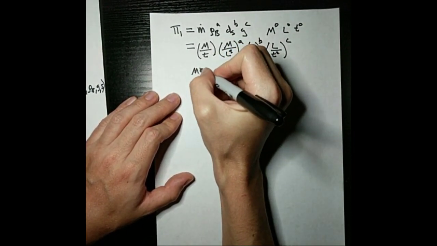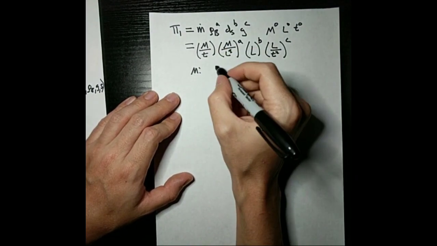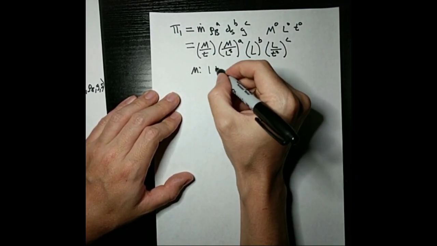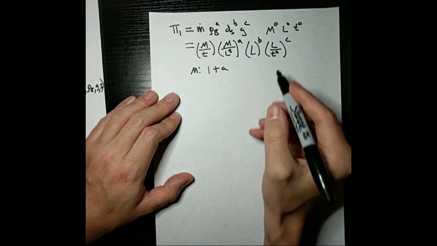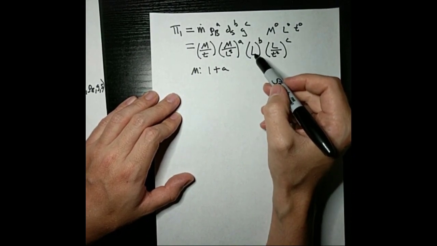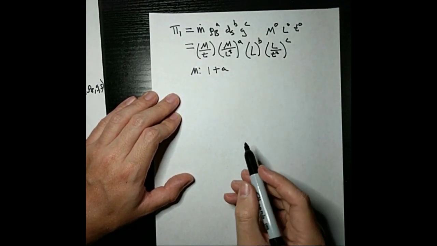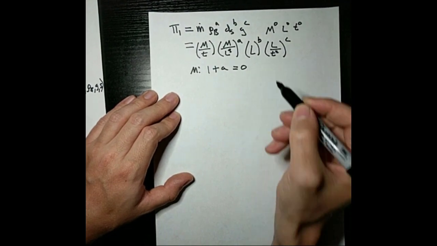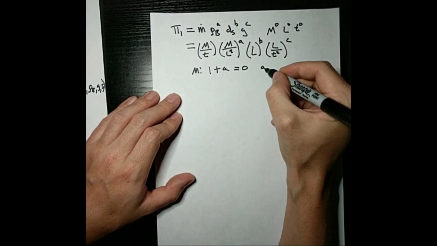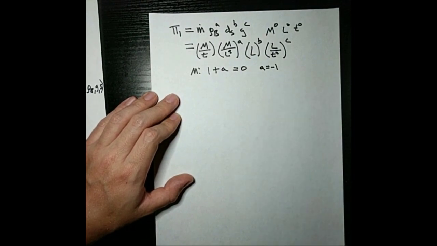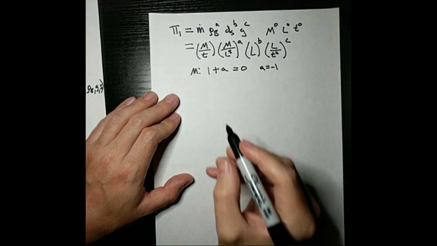So for M, we've got 1 plus A, and then there's no mass in that term and no mass in that term. And we want that to equal 0. So from that we can see that A must be -1.